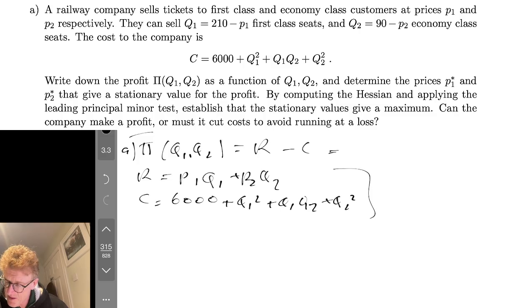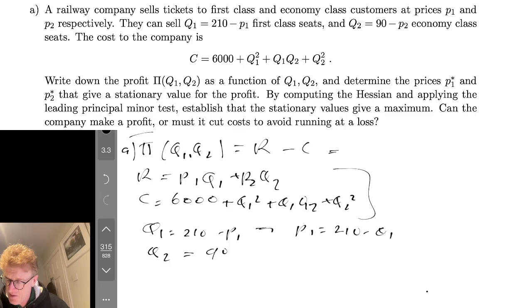So this then, if we fill that in with the P1, given that Q1 is this, we find that P1 is 210 minus Q1. If we want to express everything, Q2 is 90 minus P2. P2 is 90 minus Q2.